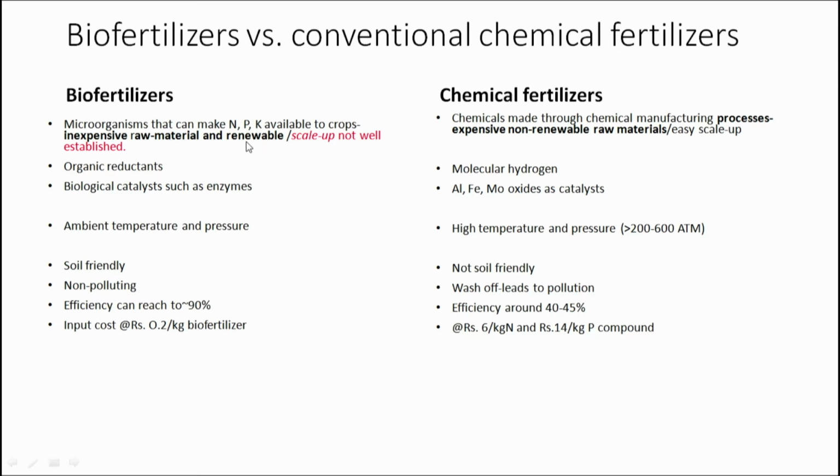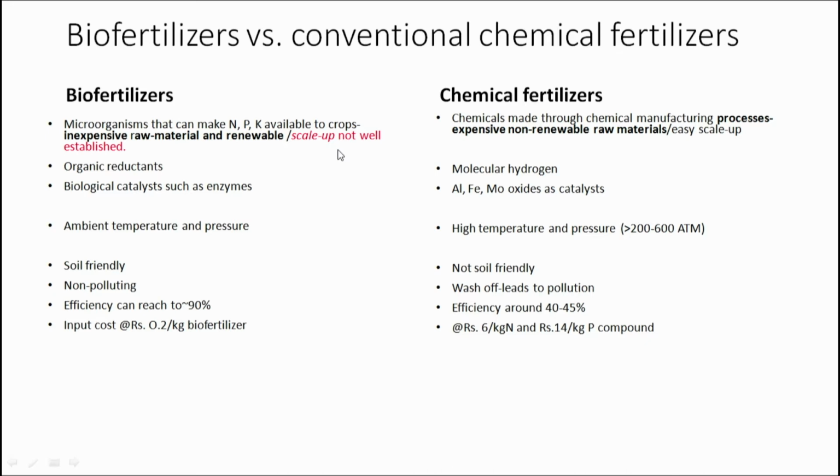Now, one of the disadvantages in this process is that the scale up is not very well established, because when we say scale up, that means you must have the ability to cultivate all of these bacteria which are capable, as we will see in the next slide, of taking nitrogen from the air. You can have hydrogen coming in, and they are able to put nitrogen and hydrogen together to synthesize ammonia, which can serve as a nitrogen source for the plant.